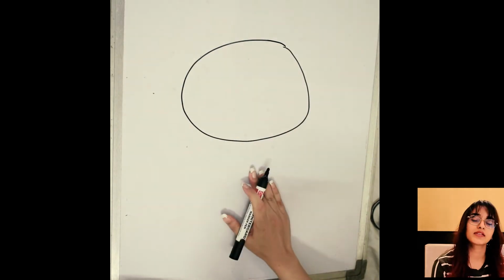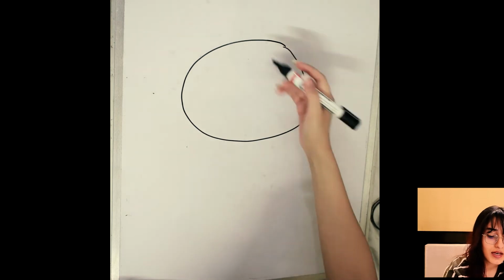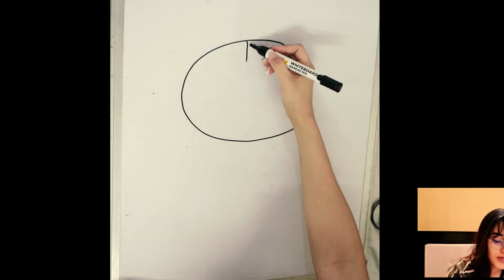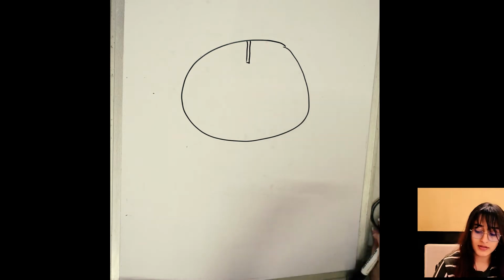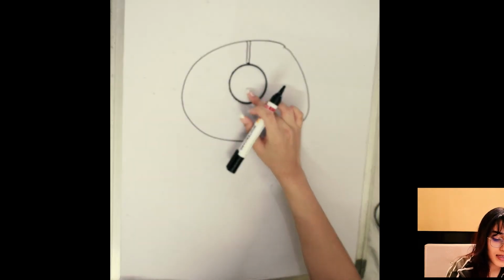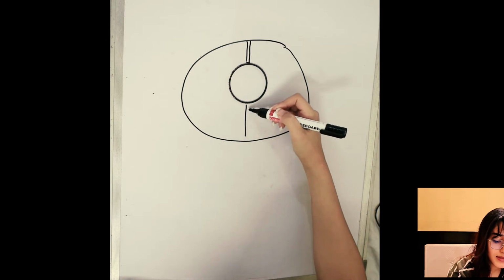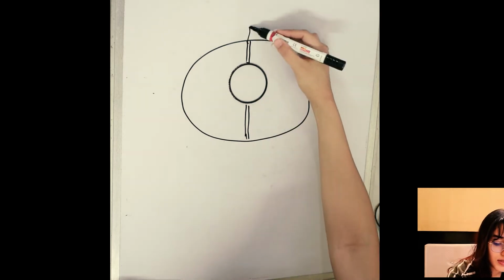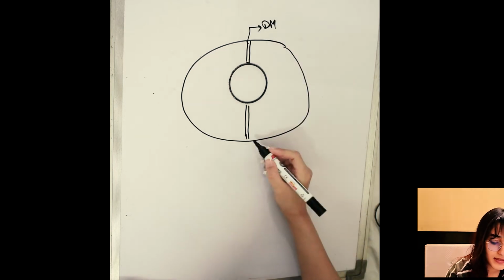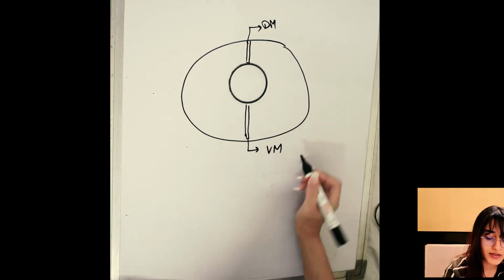So if this is a horizontal section, I told you that the organs develop by a dorsal mesogastrium. This represents the gut, and this represents the ventral mesogastrium. So this is the dorsal mesogastrium and this is the ventral mesogastrium.